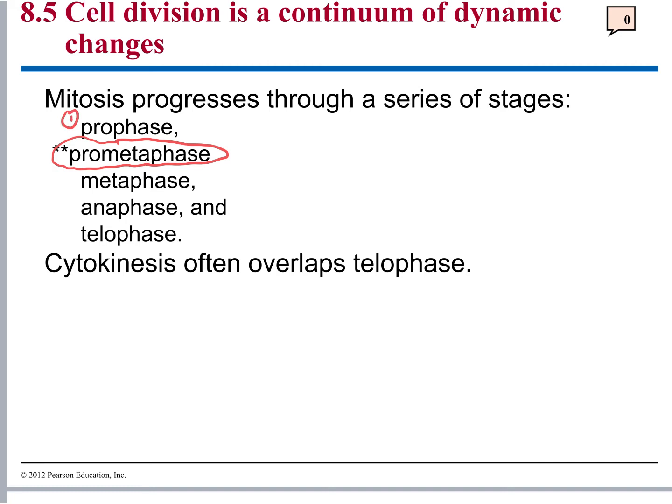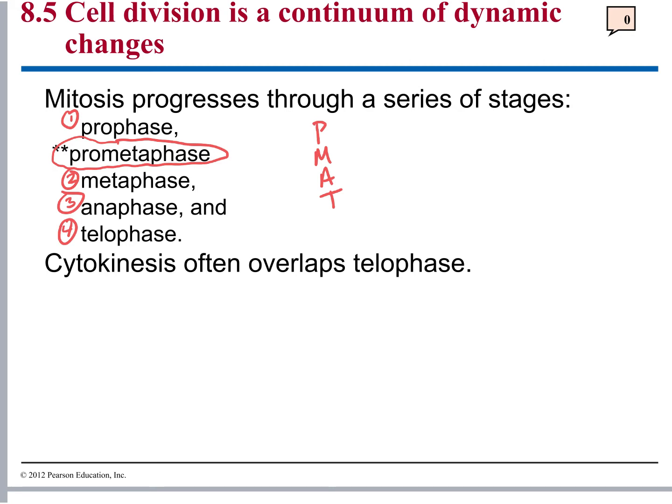Okay, so there's prophase, that occurs first. Second is metaphase. Third is anaphase. And fourth is telophase. In the Amoeba Sisters video, they ask you to remember PMAT, so you can remember the order of these phases of mitosis.